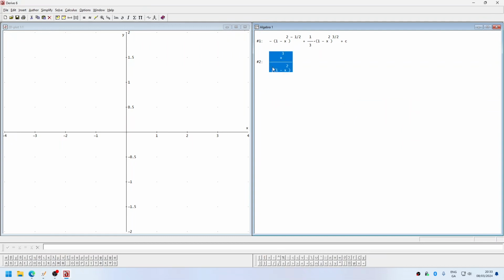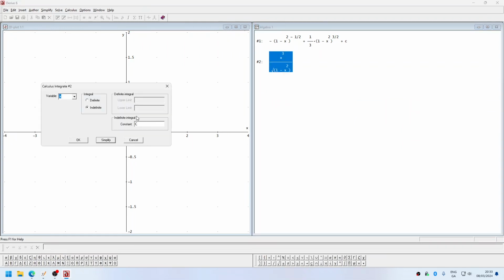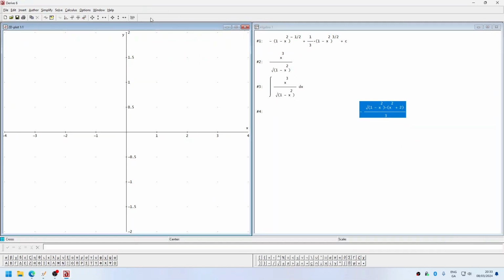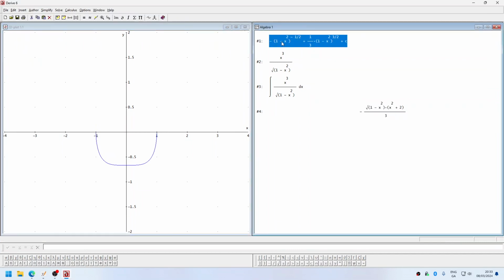Okay, it doesn't like the 0, so I'm just going to forget about the 0. Right, and then let's just get rid of the C here and just graph this.